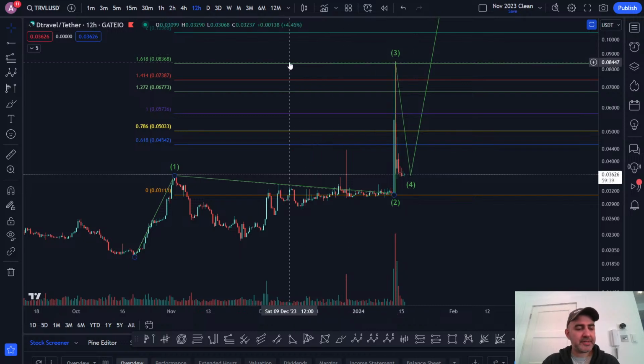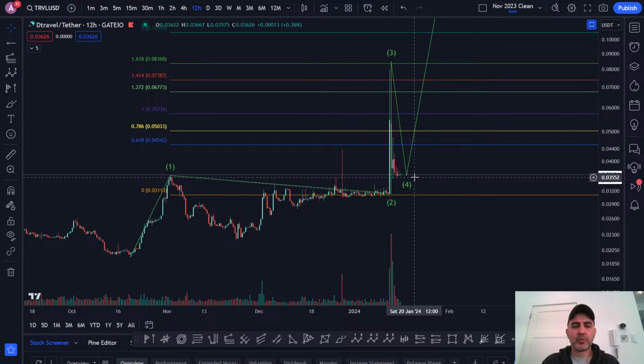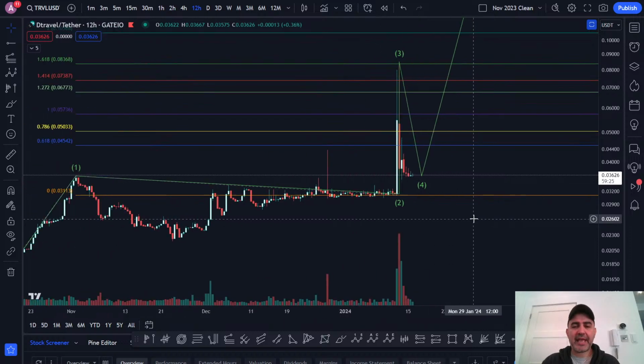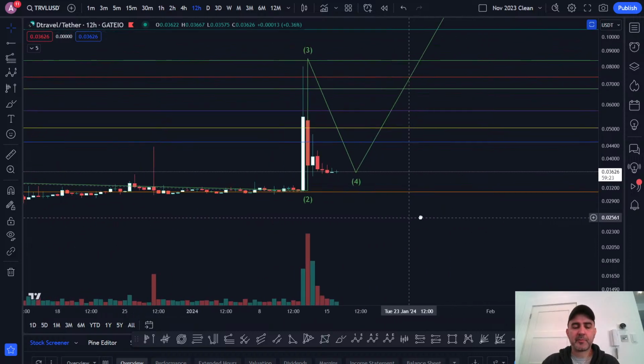It went to the 1.618. We're back to test the 1 to form the 4, and we're looking for an ABC correction.